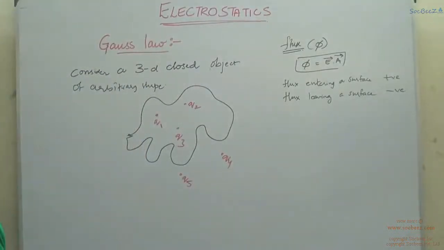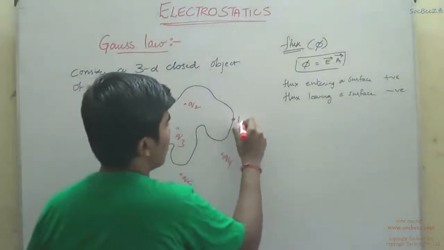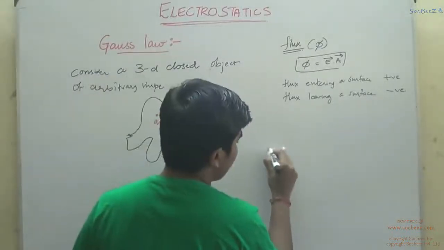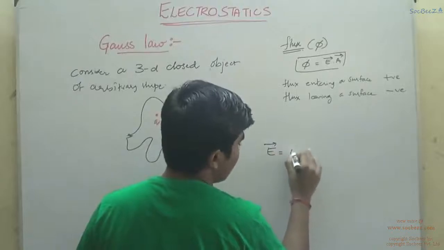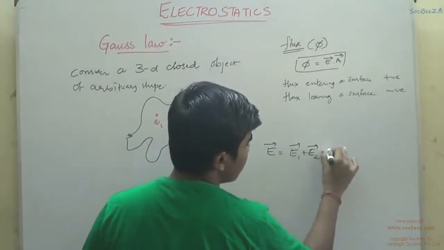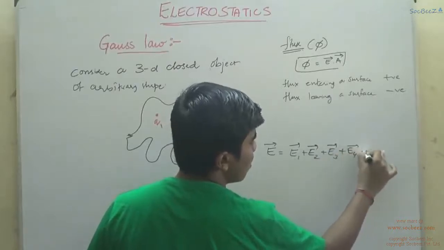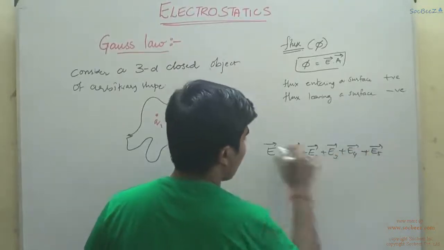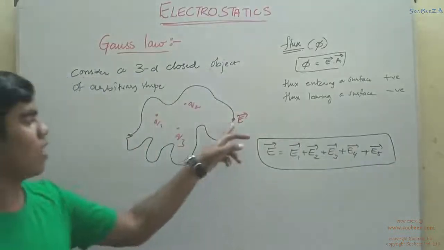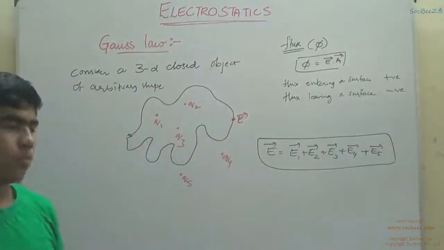So, see, what do we tell about the electric field here? We tell that the electric field here, by the superposition principle, is equal to the effect of all the electric fields.